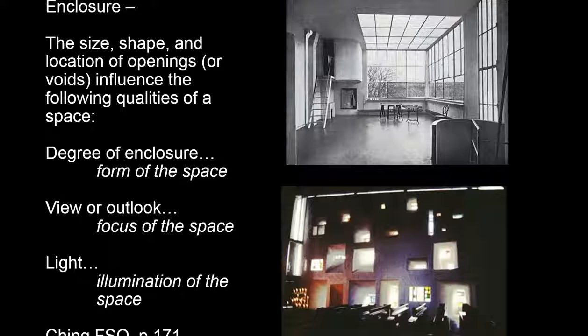It dates back to BC times. It's no longer in use. It's a ruin that people go to look at and study. So level of enclosure is one of the things that becomes important for you to look at. And so the degree of enclosure, whether or not that enclosure provides an outlook or a view, and the amount of light that the enclosure provides in the space are all characteristics of enclosure that you need to kind of understand.